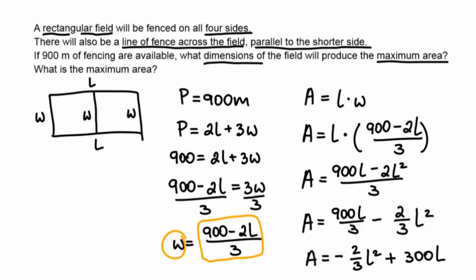We need to determine the value for the area. In order for us to do that, we need to convert this equation, which is in the standard form, into the vertex form equation.